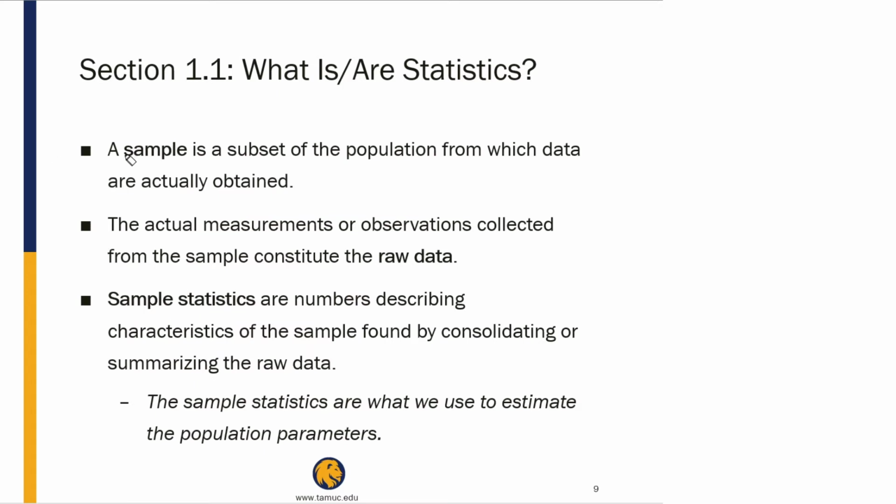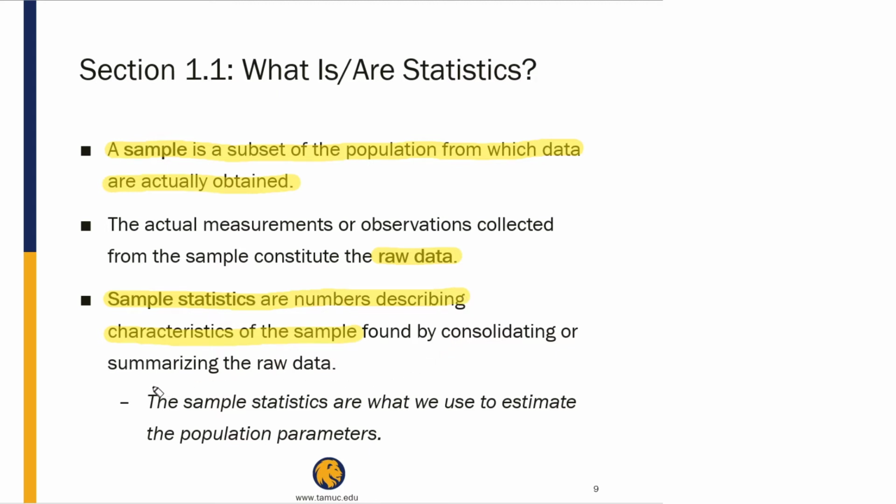And so in general, we say that a sample is a subset of the population from which the data are actually obtained. The actual measurements or observations collected from the sample constitute the raw data. And the sample statistics are the numbers describing the characteristics of the sample, which are found by consolidating or summarizing the raw data.